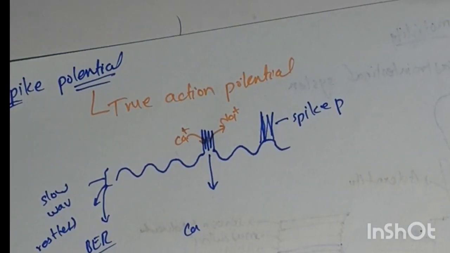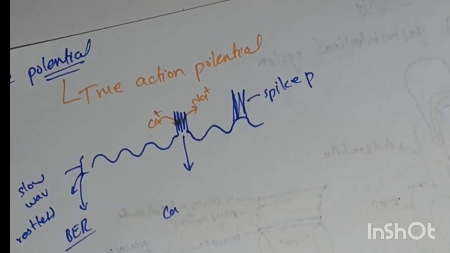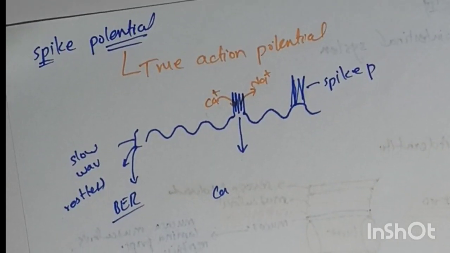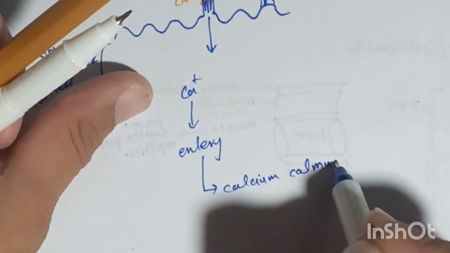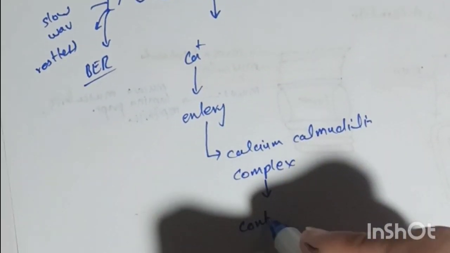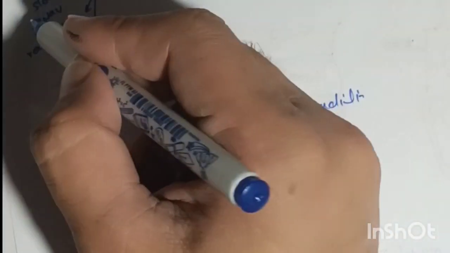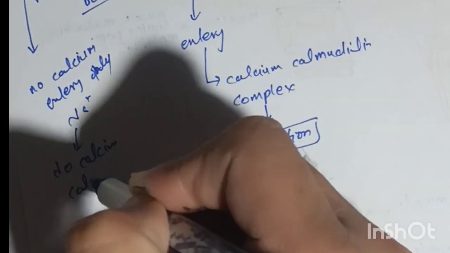When the action potential occurs, it causes calcium ion entry into the cell, and potassium leaves the cell. When calcium enters the cell, it forms the calcium-calmodulin complex, and this complex causes contraction of the smooth muscle present in the GIT.